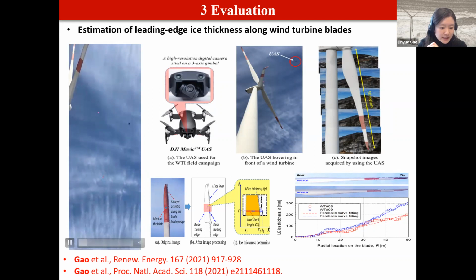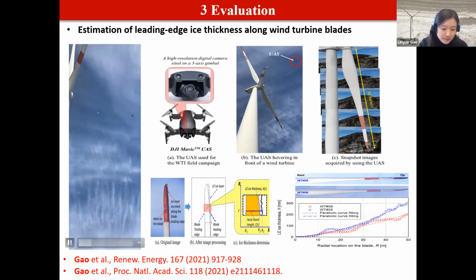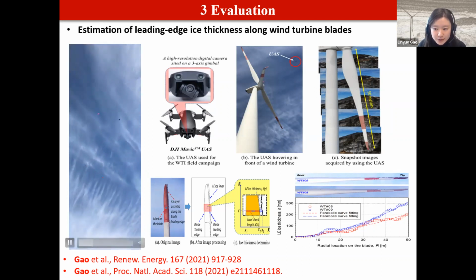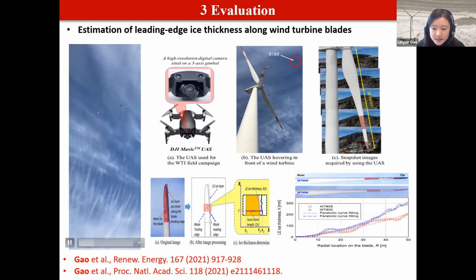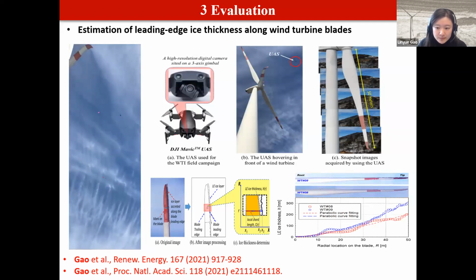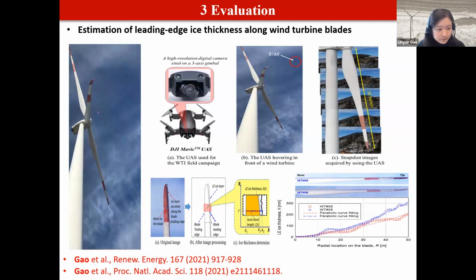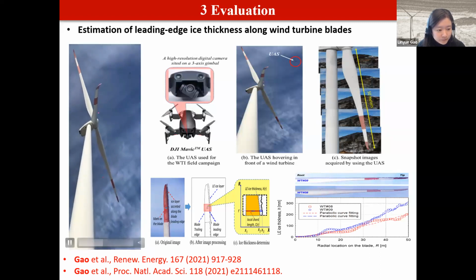For the UAV system, we can adjust the elevation of it, so we can take a series of images along the wind turbine blades to get high resolution results. And based on the obtained images, we can extract the ice layer thickness along the wind turbine blade's leading edge. Okay, let me stop it.